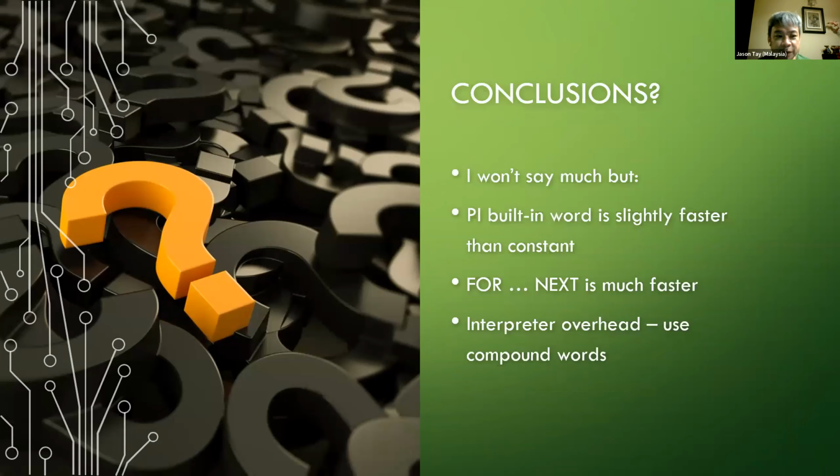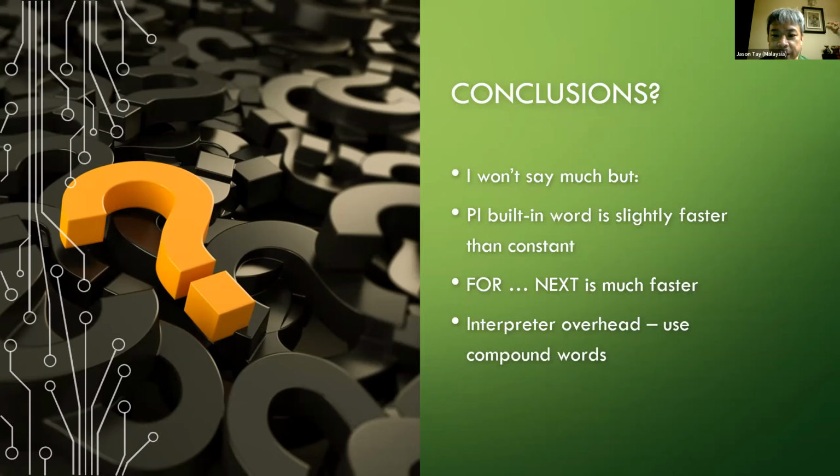So, conclusions. The version of the presentation I sent to Peter actually didn't have any conclusions at all, because I thought it sort of spoke for itself, but then we can come up with some conclusions actually. One of the suggestions that Peter had was use constants, and in fact, the pi built-in word is very slightly faster than using literal constants.